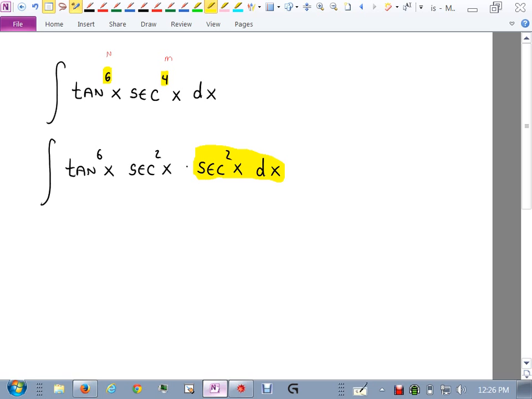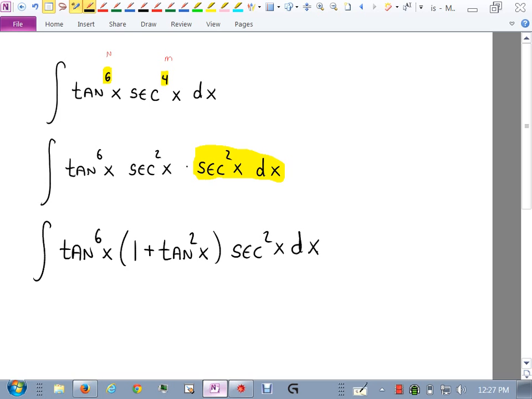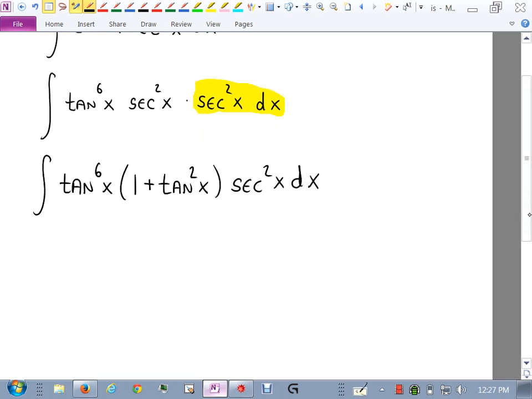See how this is similar to what we did before? And secant squared, I can convert using the Pythagorean identity, that secant squared is 1 plus tangent squared. So now I'm going to rewrite this as tangent to the 6th x times 1 plus tangent squared x, then your secant squared x dx. Yeah?